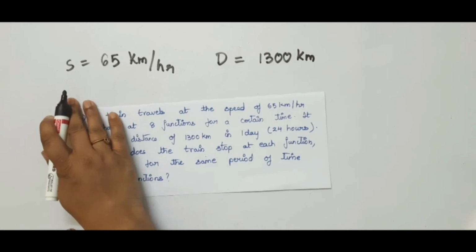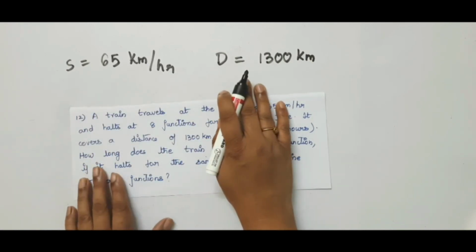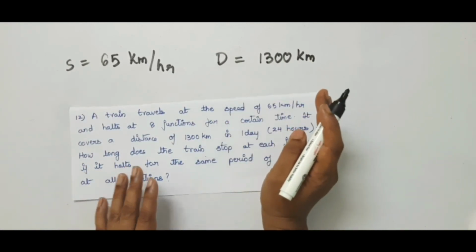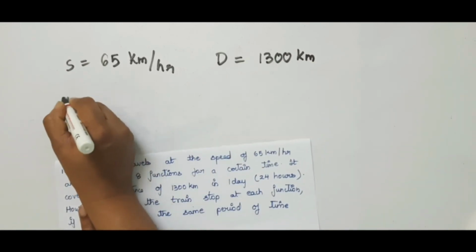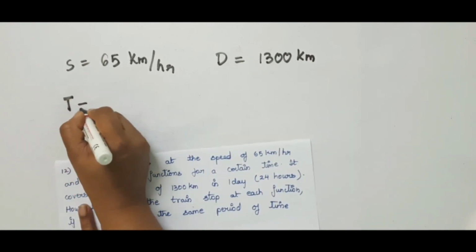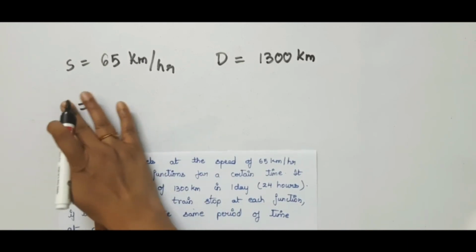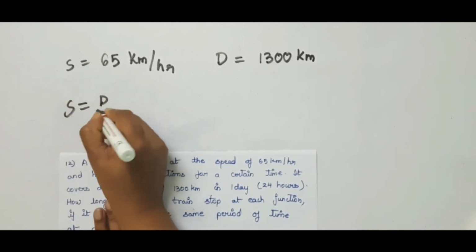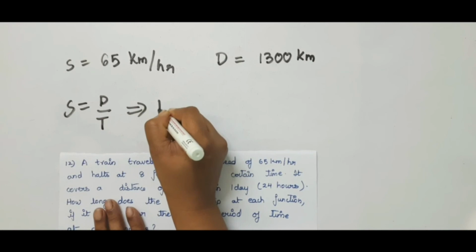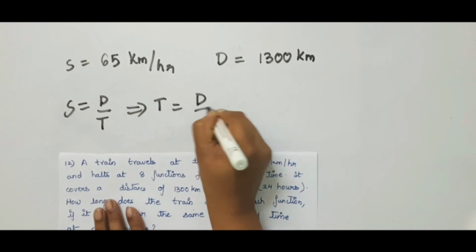When we have a speed and when we have a distance, then we can calculate how much time the train has traveled. Is it not? We know the speed is equal to distance by time. We need time. So time is equal to distance by speed.